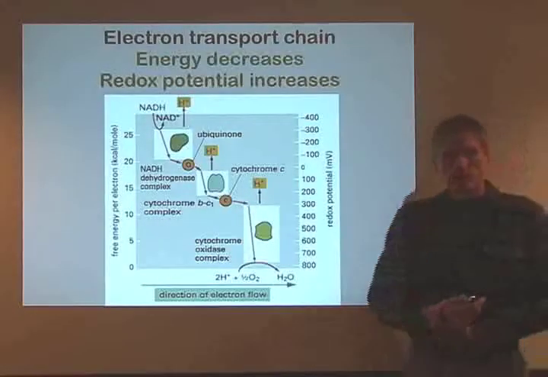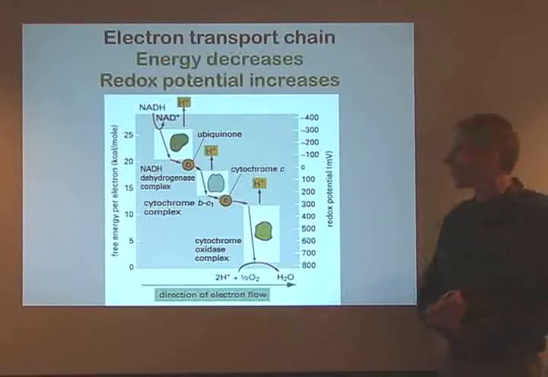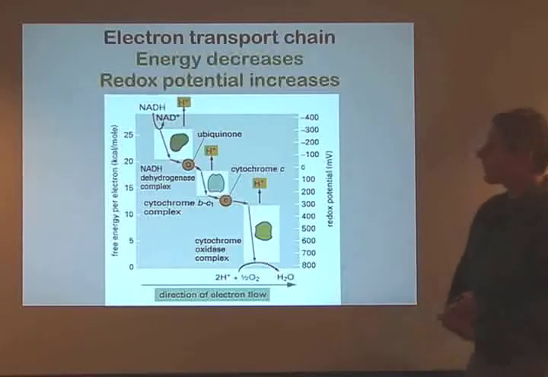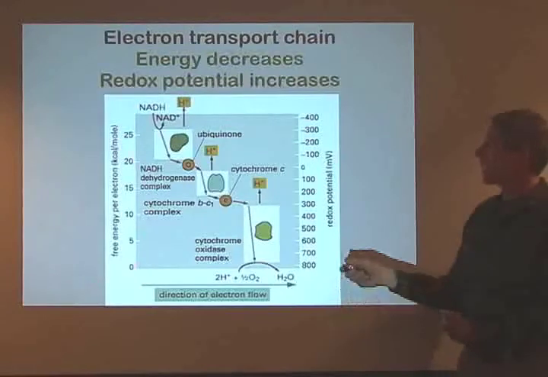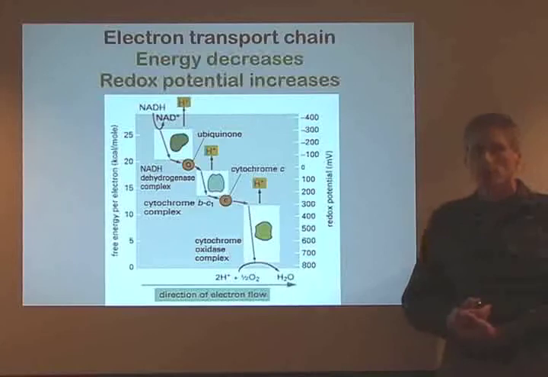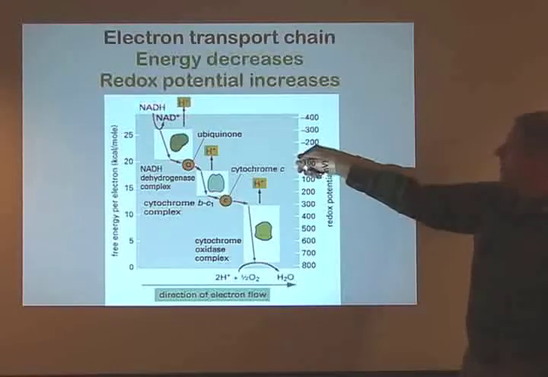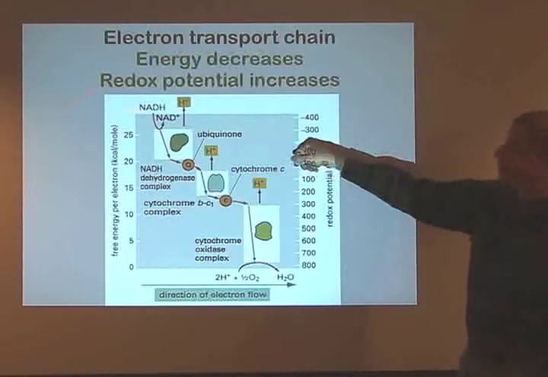So this diagram is in your book, and it's a simplified version of what's happening. Free energy is on the y-axis. The direction of electron flow is on the x-axis. And it shows that NADH has high energy electrons. It's high on the y-axis.